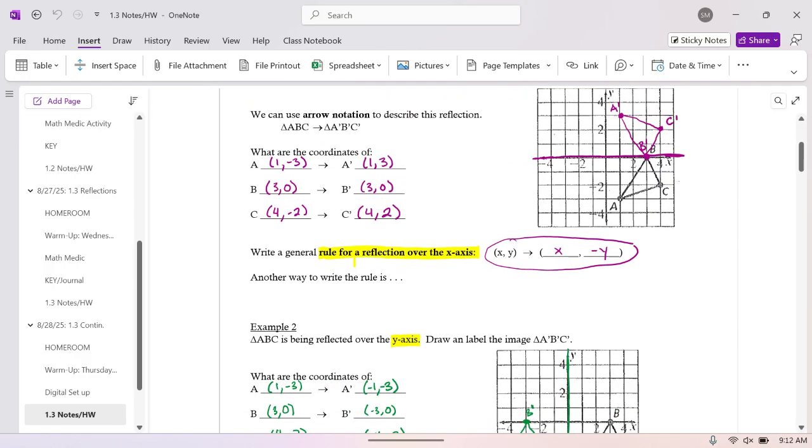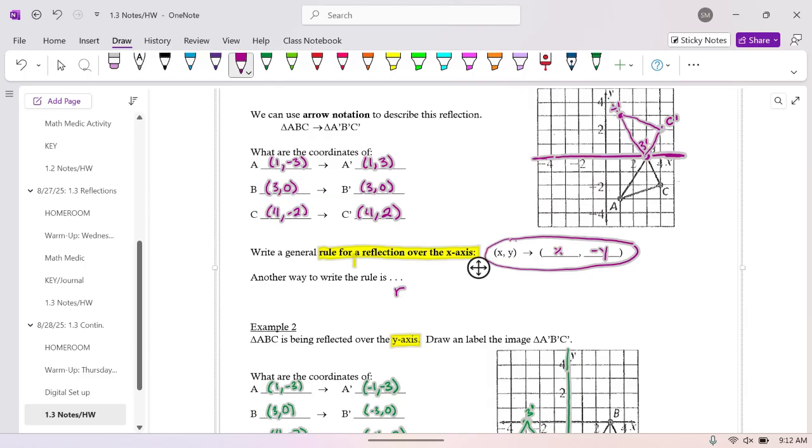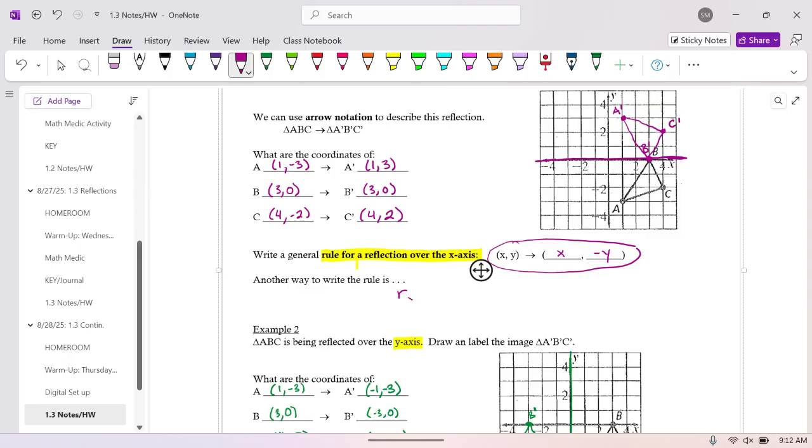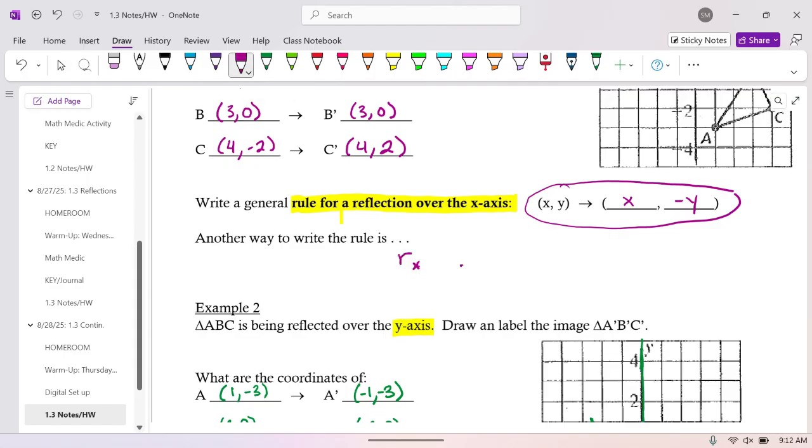So when we reflect over the x-axis, another way we write it, this is called error notation, is a little r, and then in the subscript, you'll see an x. All that means is little r means reflection, and the x in the subscript means that you're reflecting over the x-axis. You'll either say x or it will flat out say x-axis.